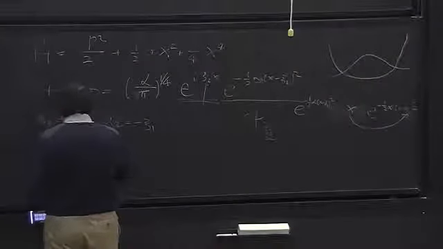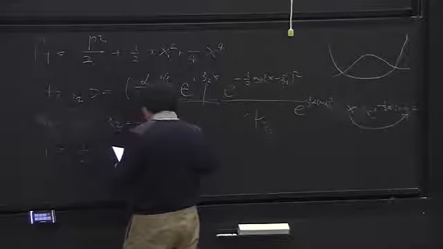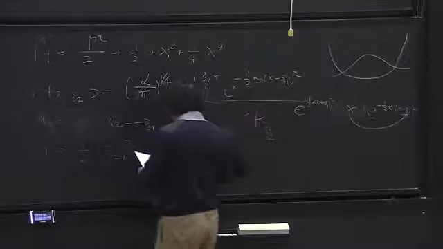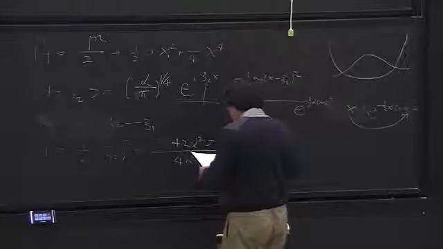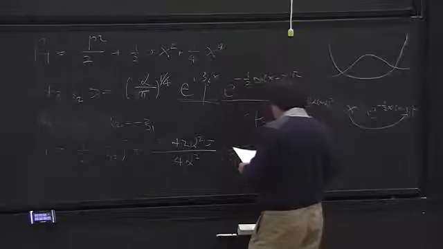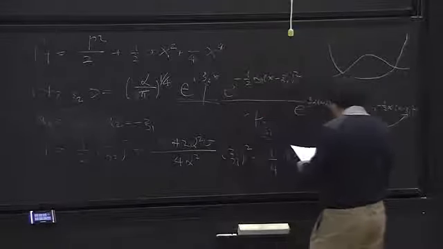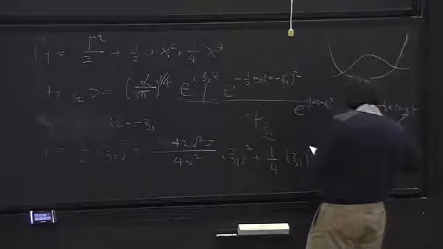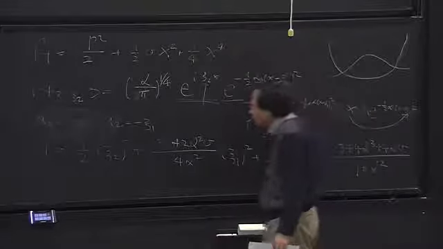So we have 1/2 c2 squared plus (3 alpha plus 2 alpha squared) c1 squared plus 1/4 c1 to the 4th power plus 3 plus 4 alpha cubed. That's it.